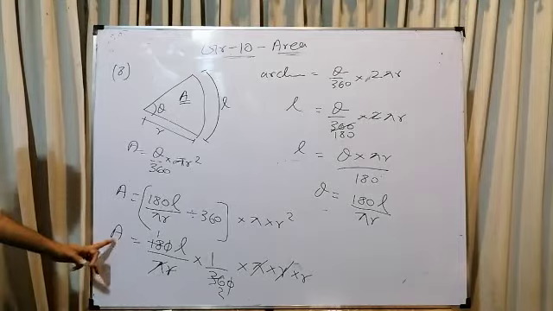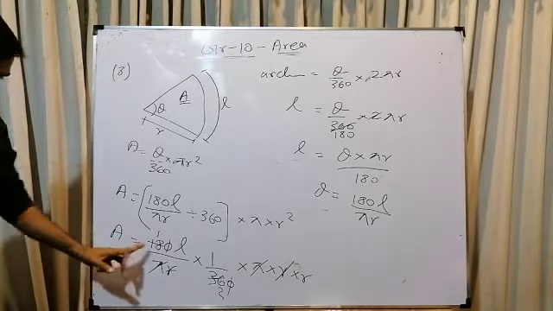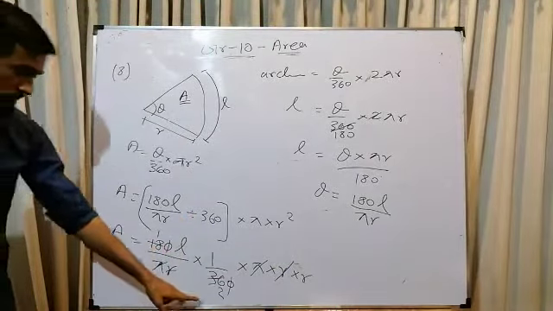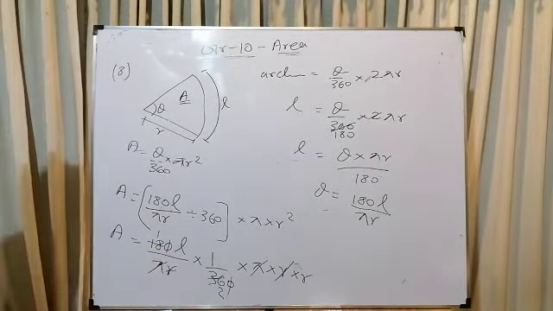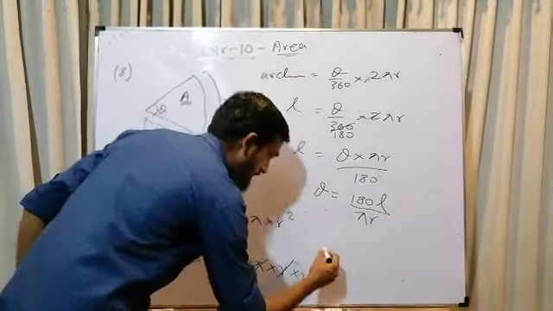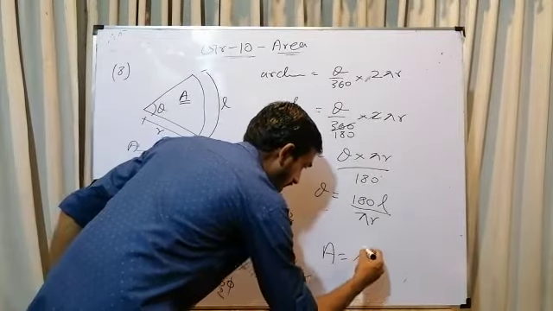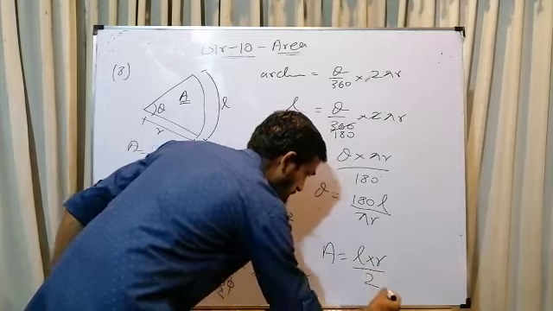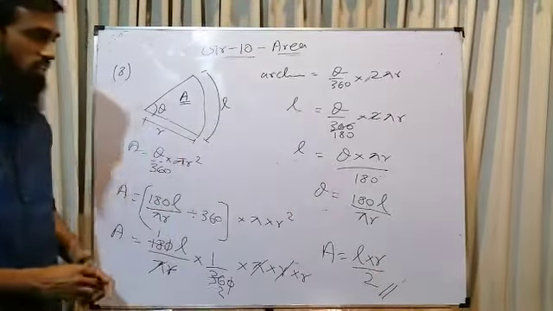So area equals, in the numerator we have L and r, in the denominator we have 2. So finally the relation of area and arc length is arc length into radius over 2. So it's a relationship.